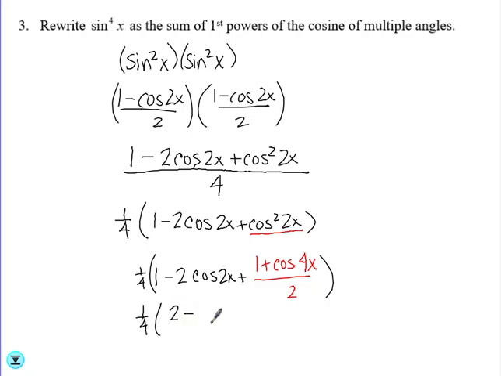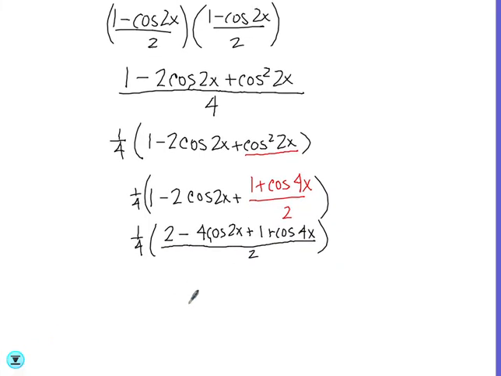2 minus 4 cosine of 2x plus 1 plus cosine of 4x all over 2. If I combine my like terms, I have 3 minus 4 cosine 2x plus cosine of 4x.